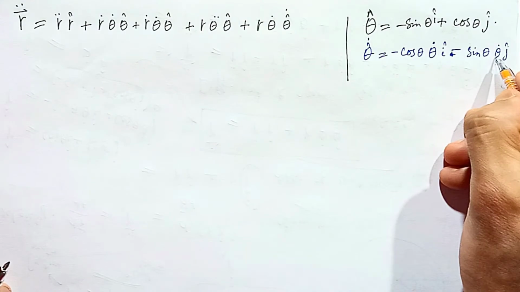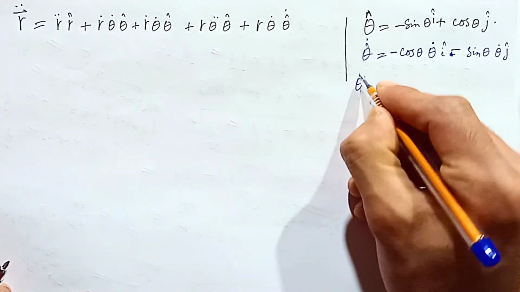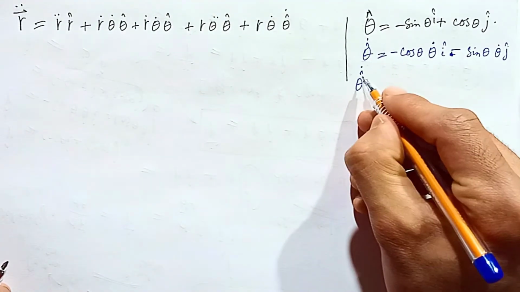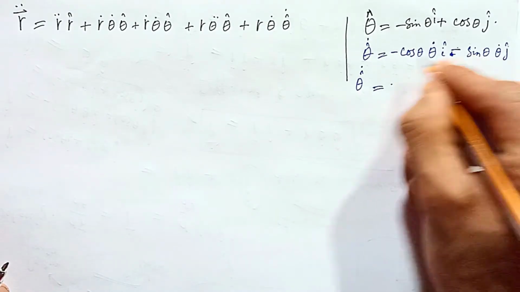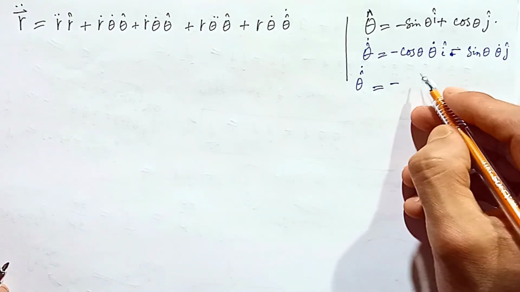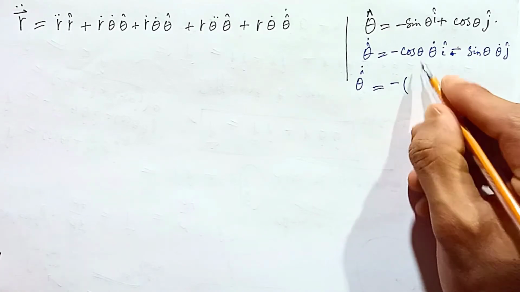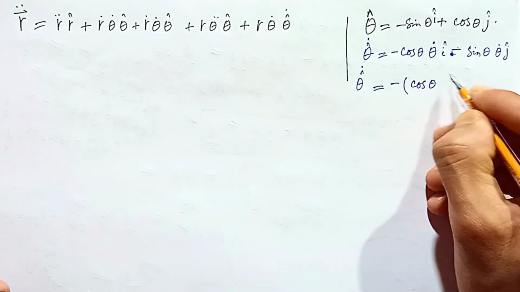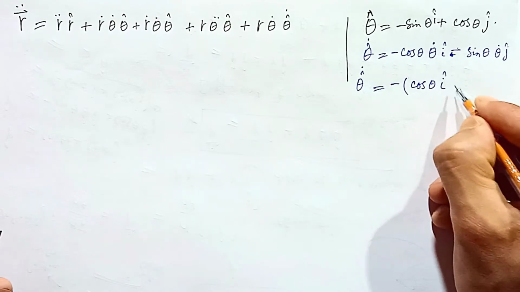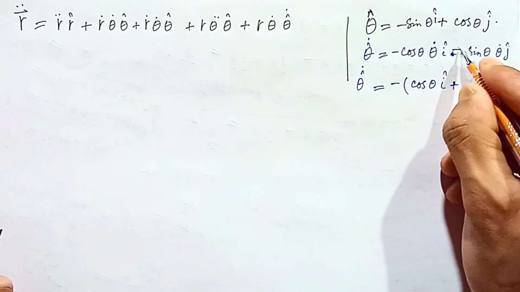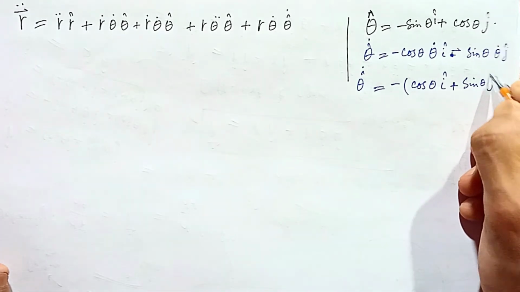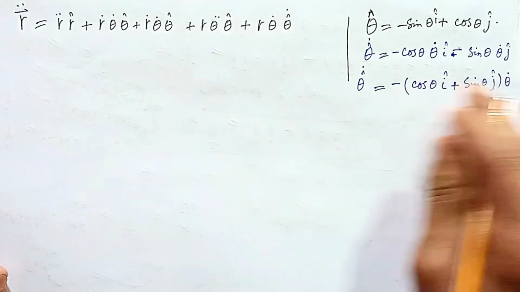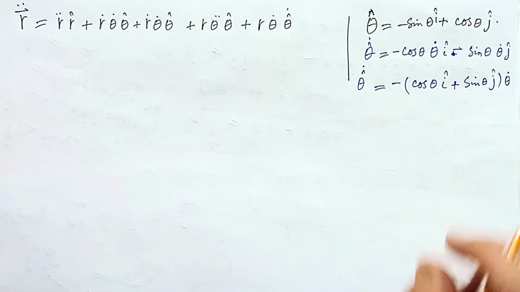Fine. Theta dot and theta dot, keep these outside. So we'll get theta hat dot equal to minus, keep theta dot outside the brackets: cosine of theta i, plus, now plus because minus is outside, sine of theta j, and theta dot is outside of both of these terms.